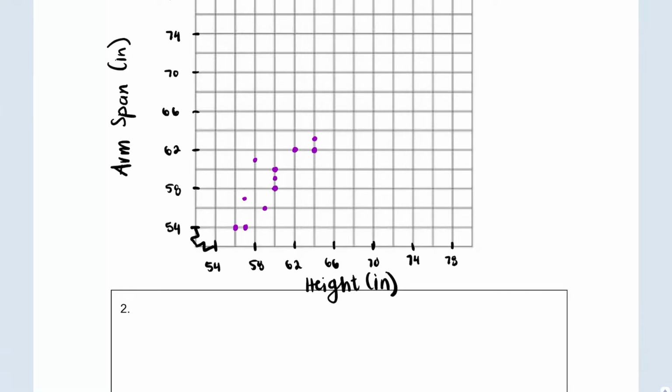In my case, I can see that there's a little bit of a linear trend, right? My dots are still pretty close together, and they're moving in a very similar direction, kind of moving upwards like this. So I might say that there's a general linear trend.